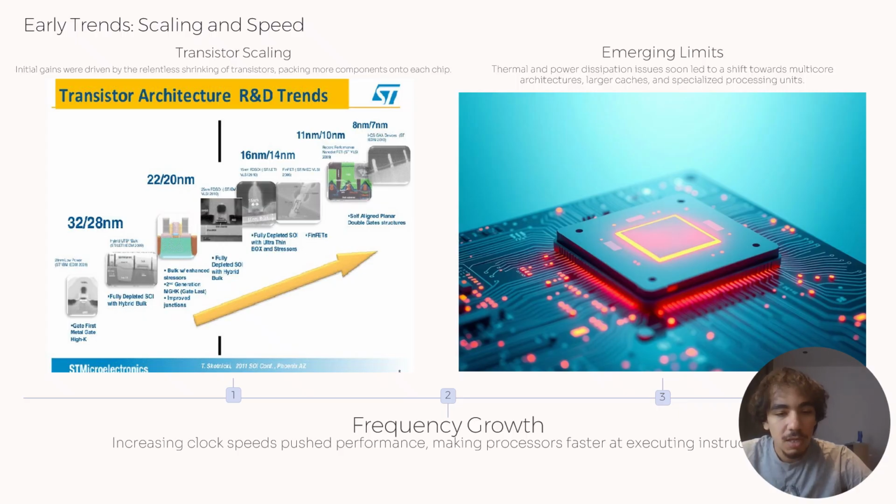So, starting with the first question, transistor scaling and frequency growth powered early generations. So when power or thermal limits hit, architects shifted to multi-core, larger caches, specialized units, and packaging tricks. My laptop embodies that shift, my Lenovo.